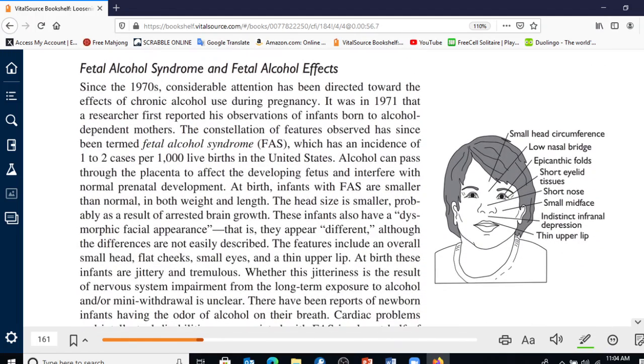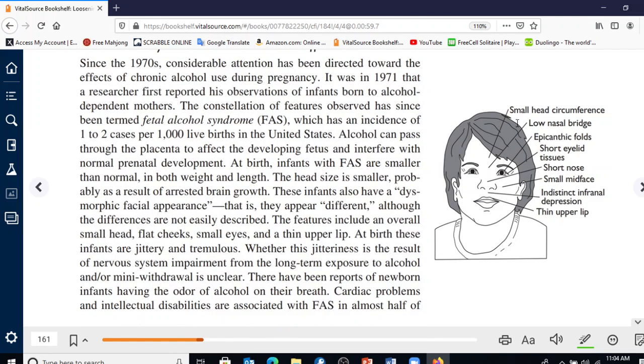Fetal alcohol syndrome. If you look over here, small head circumference, and the head's not as big, low nasal bridge, epicanthic folds are narrow, look kind of Asiatic. In fact, people with this disorder, with this condition is probably a better way of putting it, tend to have an Asiatic look about them, and that's how we got the expression mongoloid when talking about Down syndrome children.